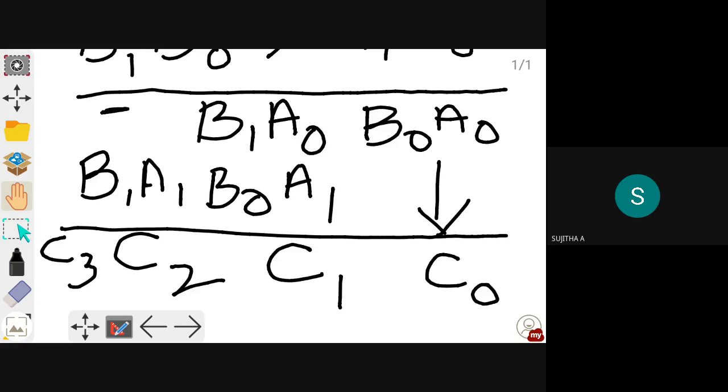That carry and B1 A1 are added, and you get the C2 bit. If you get any carry, that is written as C3. So your output will be C3 C2 C1 and C0.